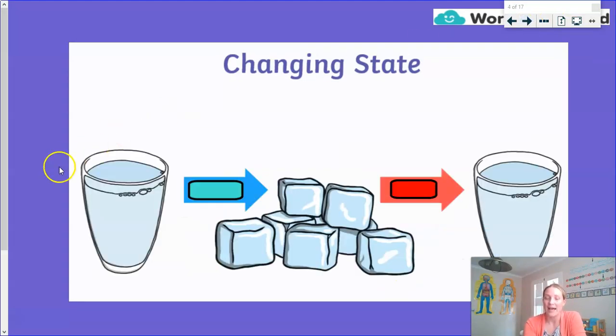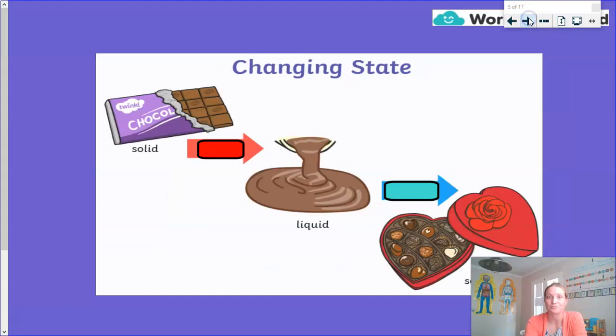So if I had a glass of water and I cool it and I freeze it to become ice, in order to get back to water, I must apply heat for that ice to melt. Okay, so please, I'm just going over once again for you those very, very important words.